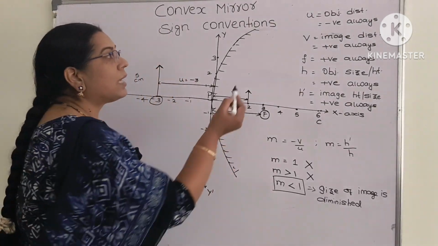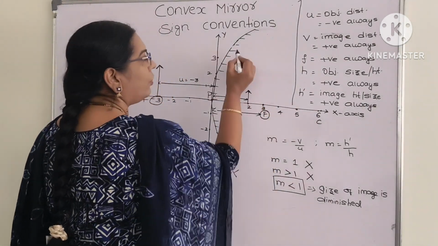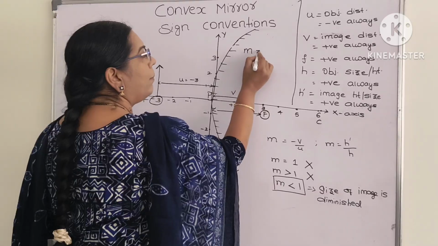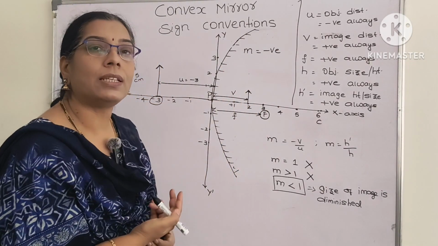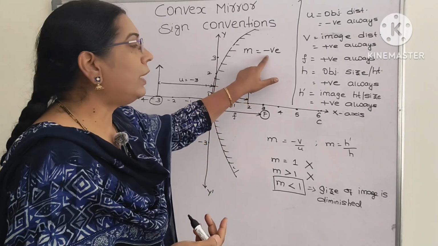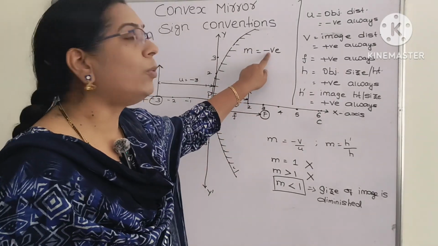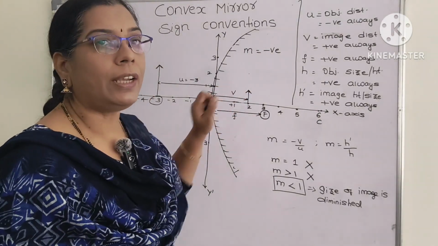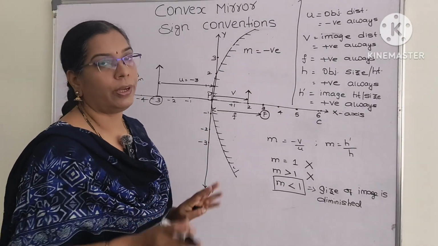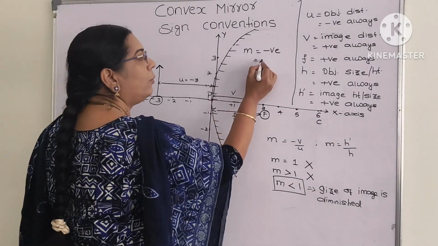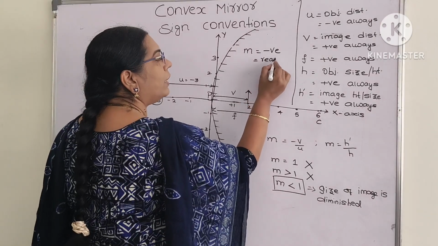Let us come to the signs of magnification. If m is negative, what does it mean? Negative means a real and inverted image. Does a convex mirror form a real image? No, it will not.